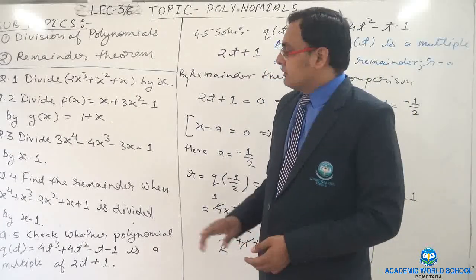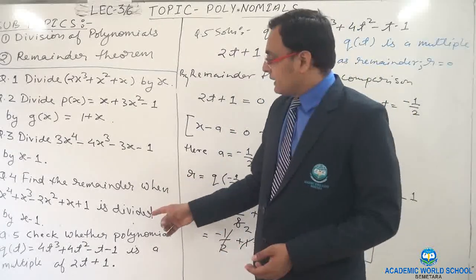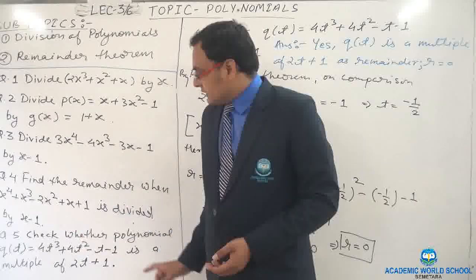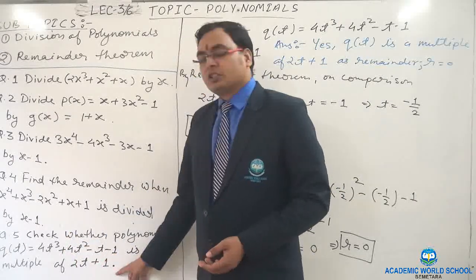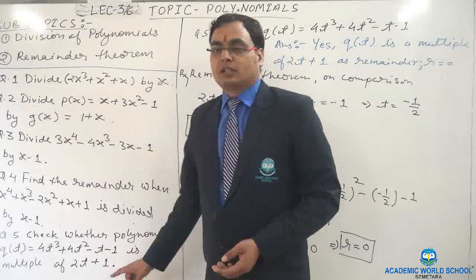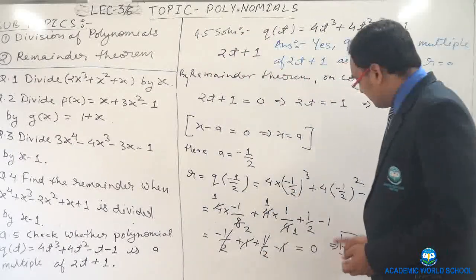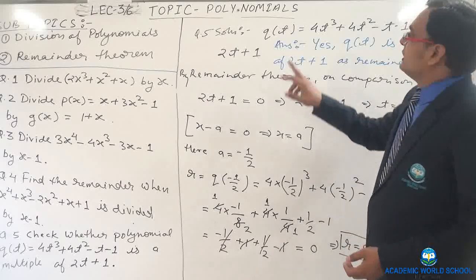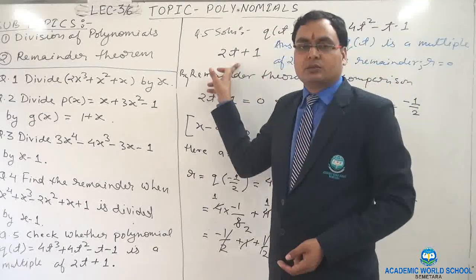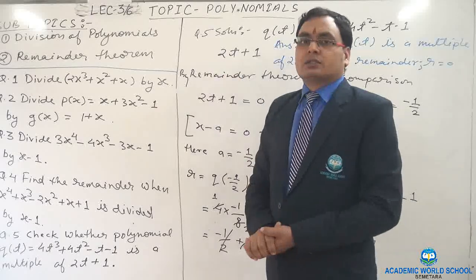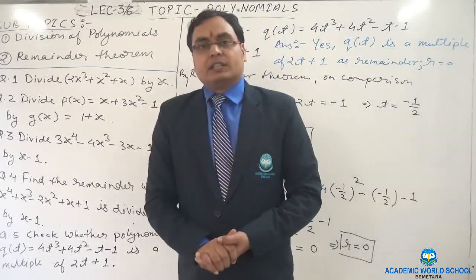After that we discussed one more application of remainder theorem to check here whether this polynomial q(t) is a multiple of this linear polynomial 2t plus 1 or not. And as we have seen here, the remainder is 0, so this polynomial q(t) is a multiple of this linear polynomial 2t plus 1. So this was our today's topic.